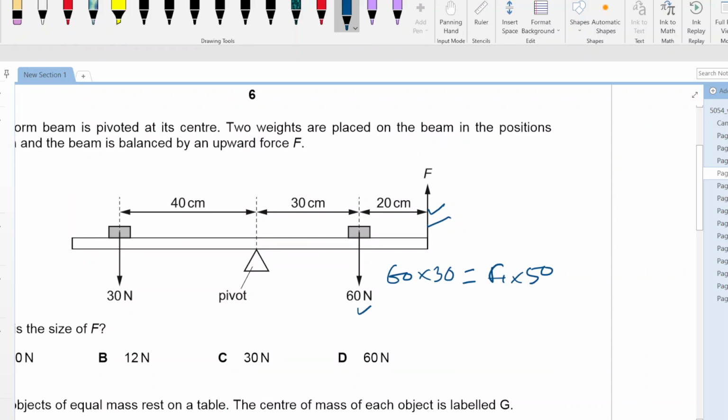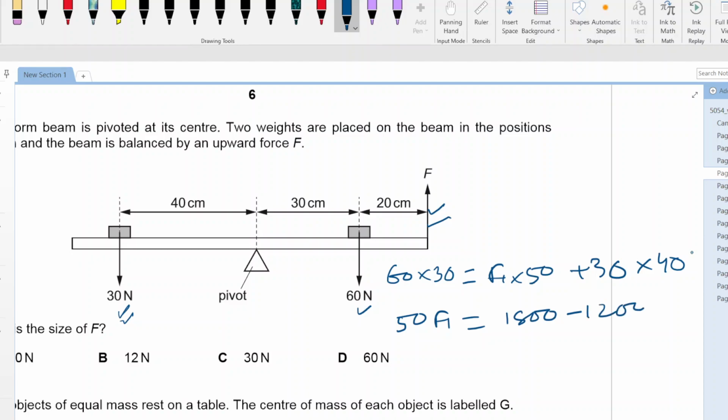and this 30 Newton force will also produce anti-clockwise moment. Therefore, 30 into 40. This gives 50F equals 1800 minus 1200.